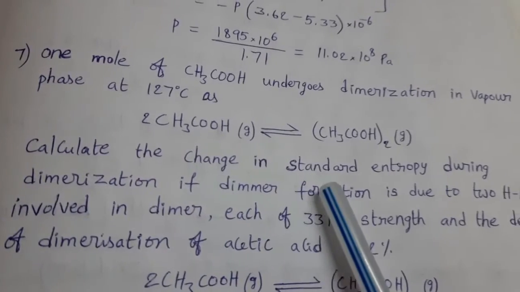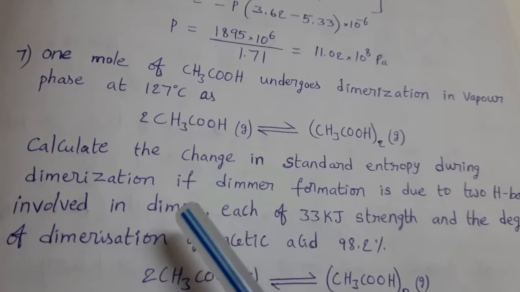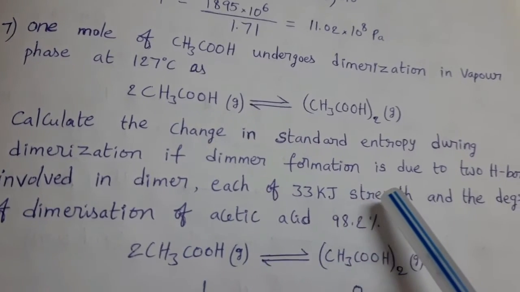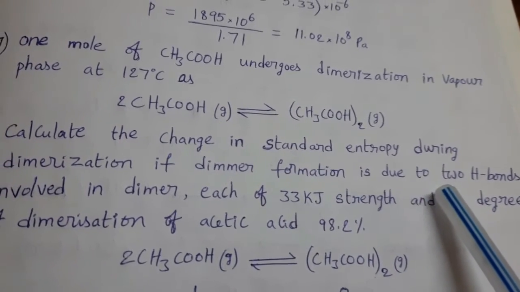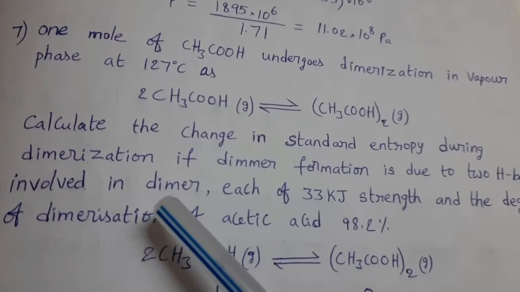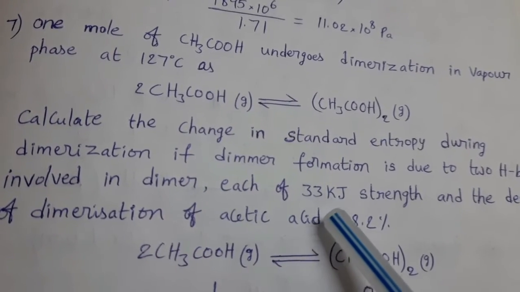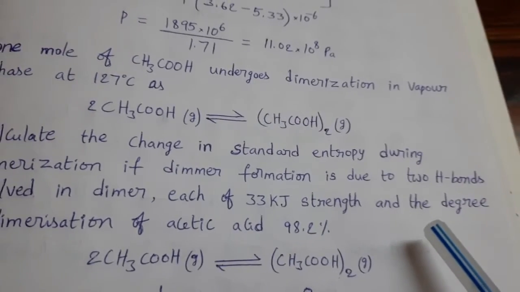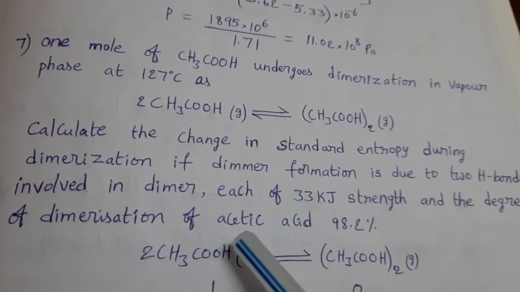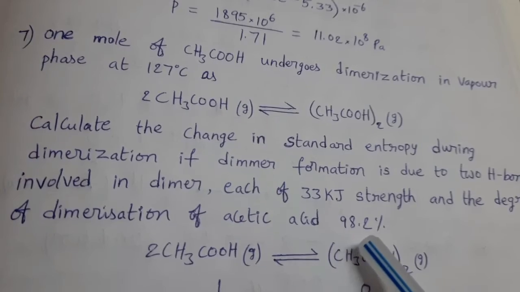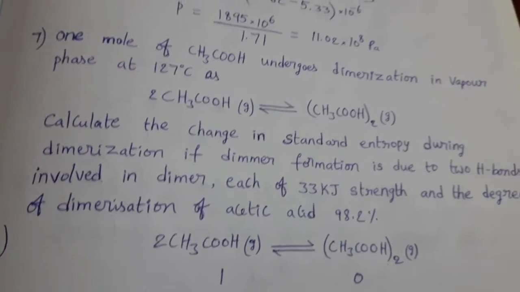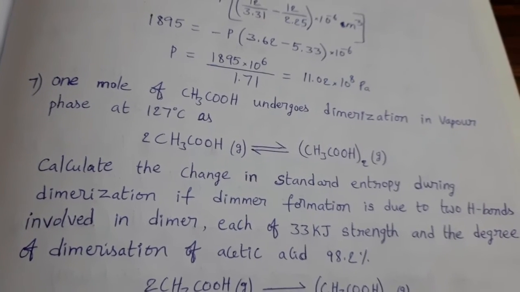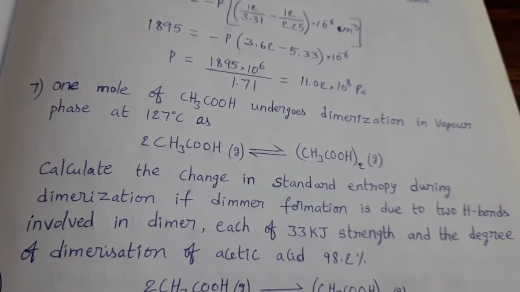Calculate the change in standard entropy during dimerization if dimer formation is due to the two hydrogen bonds involved in dimer, each of 33 kilojoule strength, and the degree of dimerization of acetic acid is 98.2%. So 98.2% of acetic acid undergoes dimerization with two hydrogen bonds.